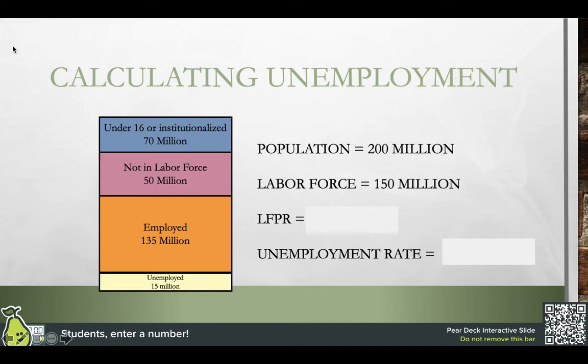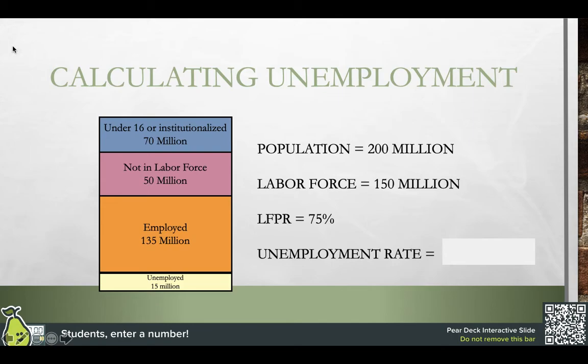What's the labor force participation rate? It's the number of employed plus unemployed, that's the labor force, over the population. So you get 150 million over 200 million, and our labor force participation rate is 75%.